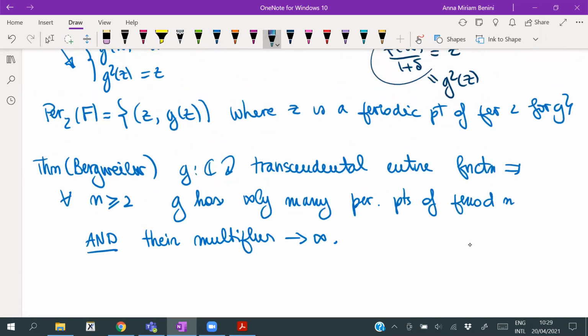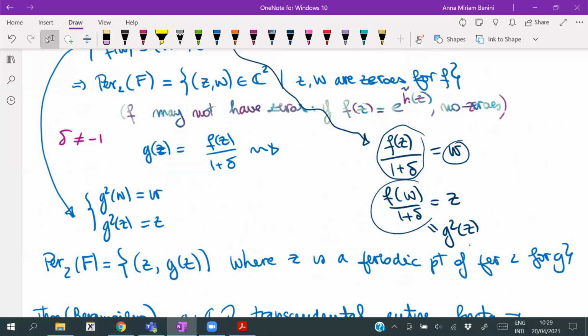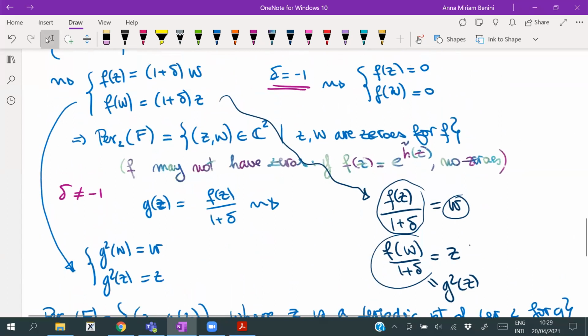So what does this tell you in our case? What was the assumption? The assumption was delta. So we had two cases, okay? If delta is equal to -1, you have periodic points of period 2 if and only if your function f has zeros, small f has zeros.